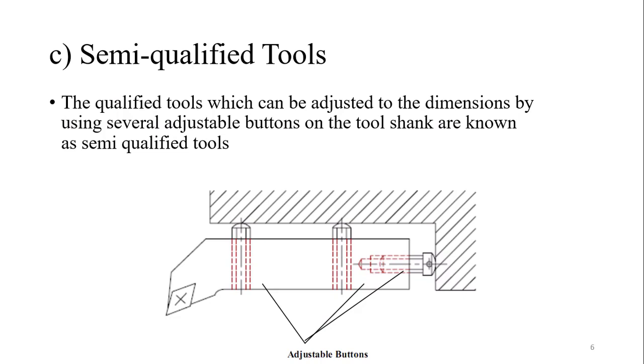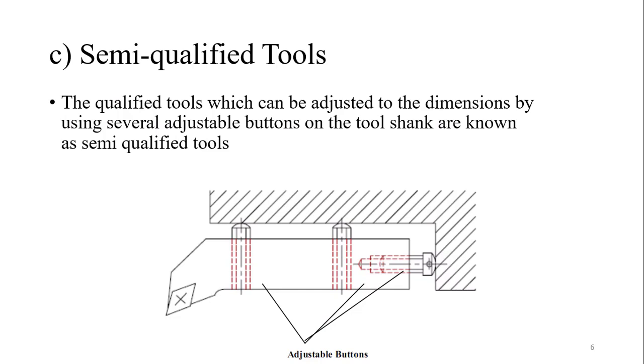It means some manual controls are provided on the tool so that you can change its length, breadth and height. Similarly, you can see in this image, these tools can be adjusted to the dimensions by using several adjustable buttons. So you can change its length and height depending upon your operation.